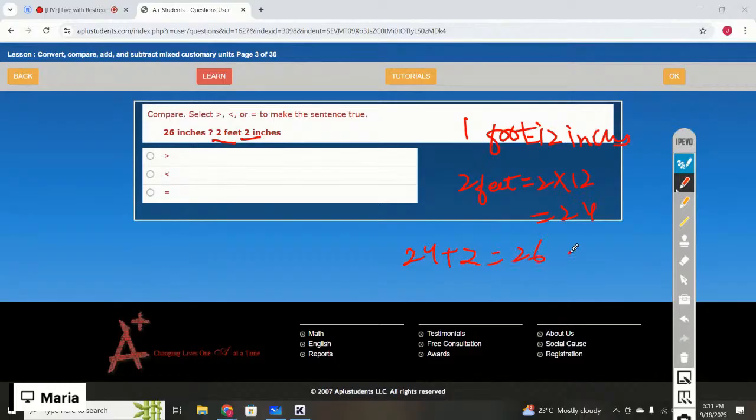So you already have 26 inches on this side, and 2 feet equals 24 inches, and 24 plus 2 is 26. So both sides are exactly equal, 26 inches to 26 inches.